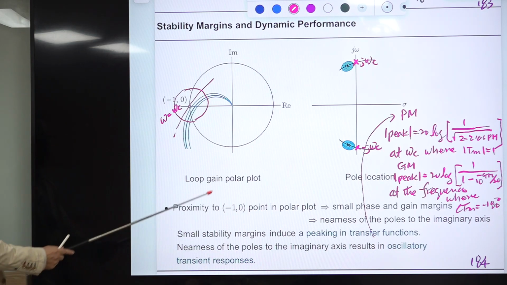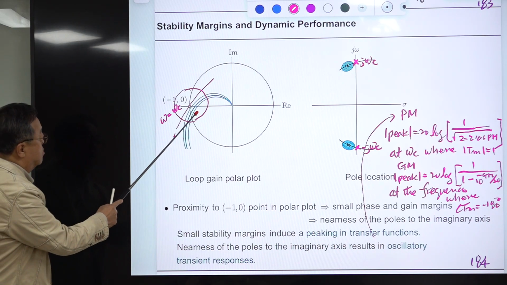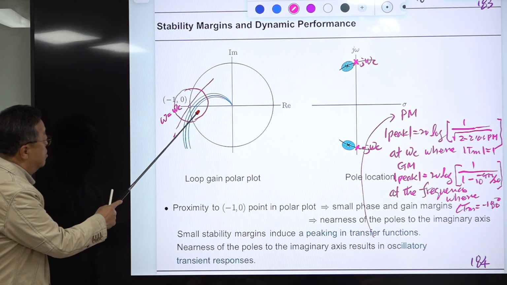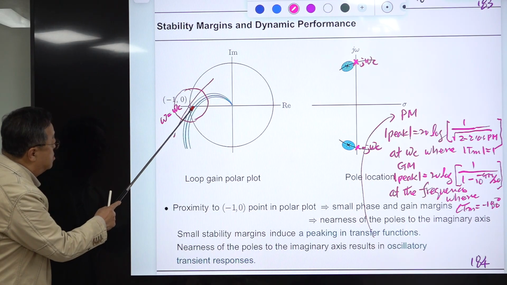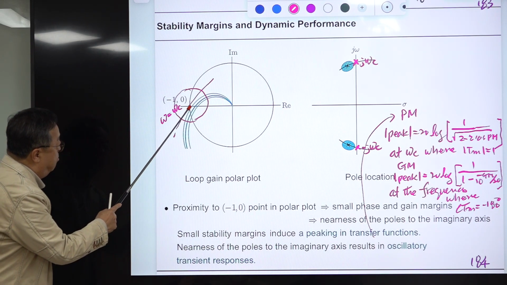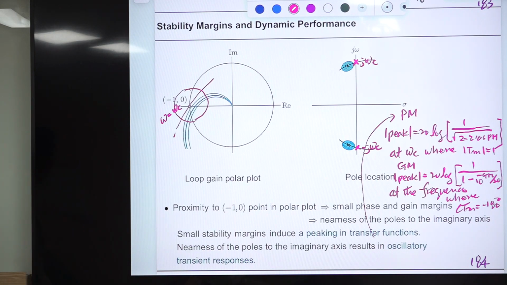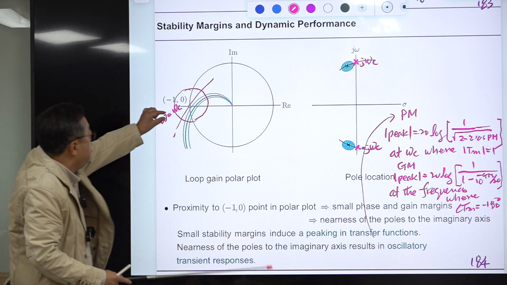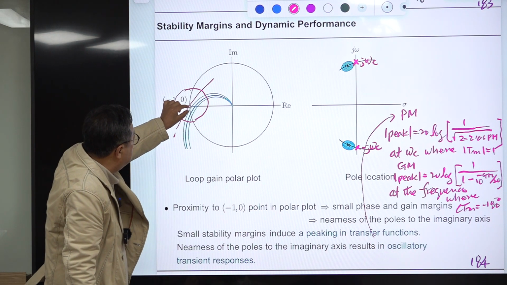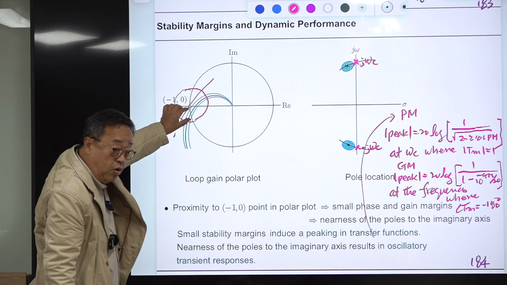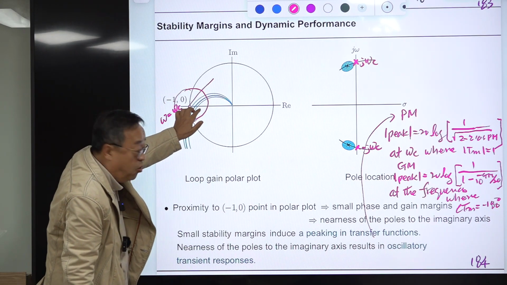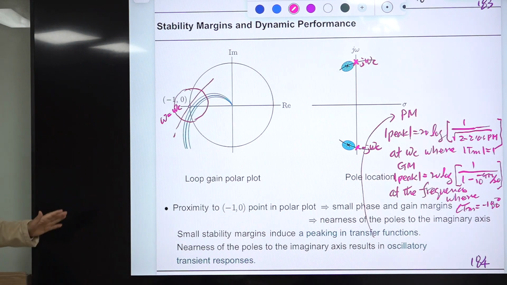So the idea is this one. You have several polar plot trajectories. These blue ones don't touch this, and they pass this line segment A. So all of them are stable. But look at the phase margin. For this case, the phase margin is very small, and this distance is very small, so the gain margin is very small.